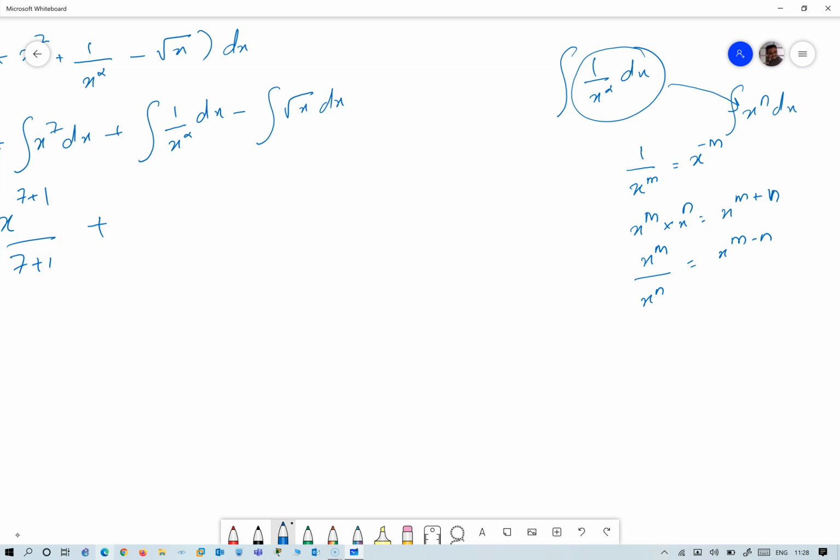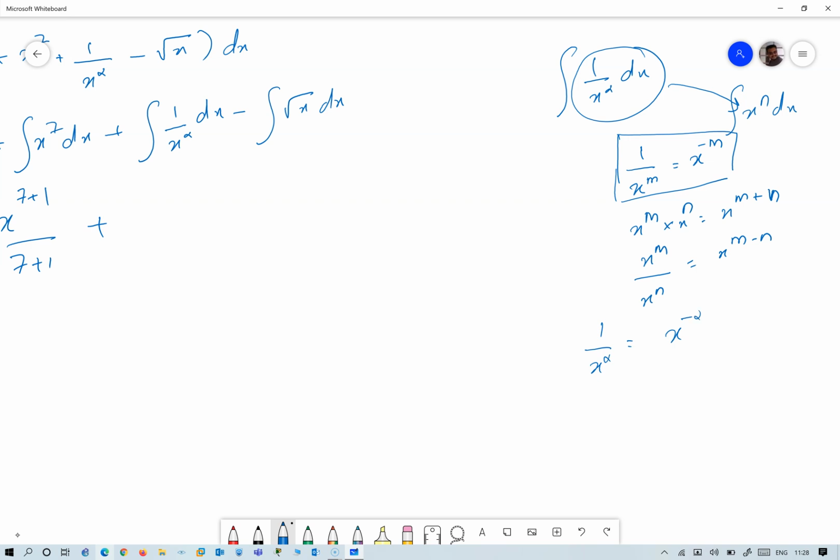There is still more. I don't want to discuss that right now, but what we are interested in here is this rule, which says 1 over x to the power m equals x to the power negative m. So 1 over x square can be written as x to the power negative 2.